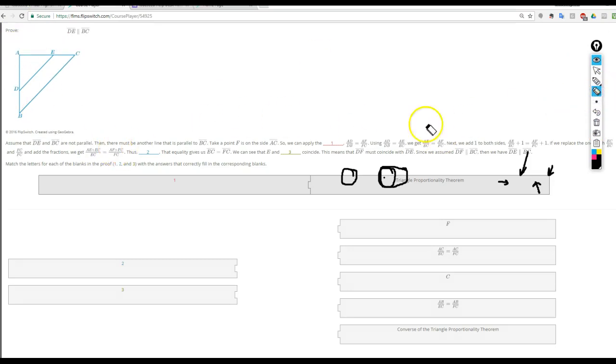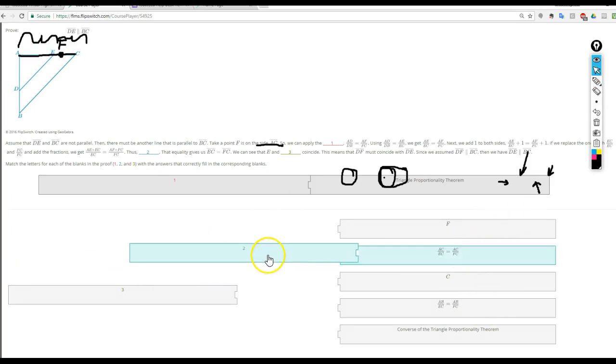Plus AF. Remember by definition it told us that it was on the side of AC, so it was also somewhere over here. And again, it's segment addition: A to F plus F to C is going to give us this total length. So that is also AC.